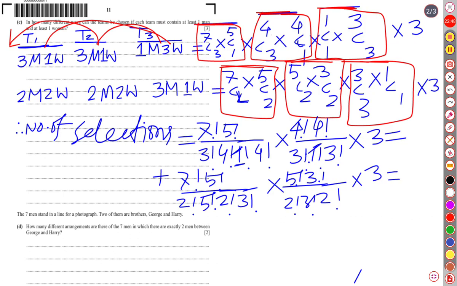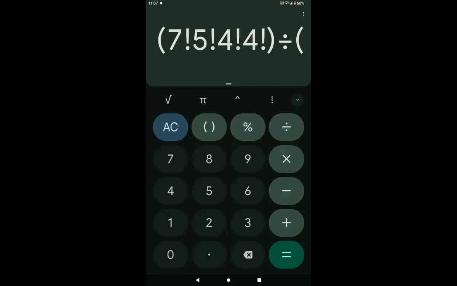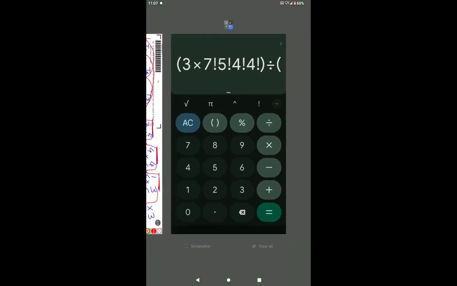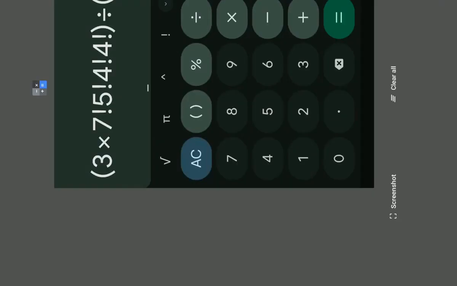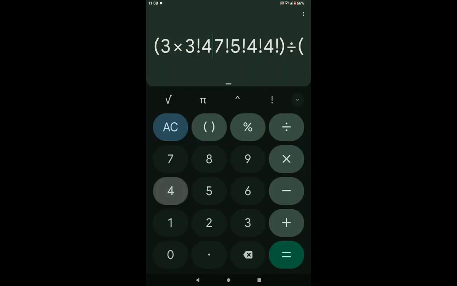So 34433. Oh, there is one 3 in the numerator. Let's not avoid this 3 in the numerator. There should be a 3 into 3 into. Let us be sure of the denominator. It is 34433. So this is 3 factorial, 4 factorial.